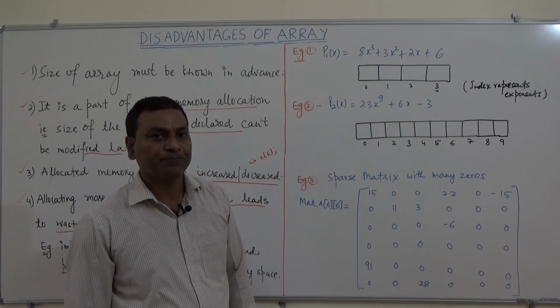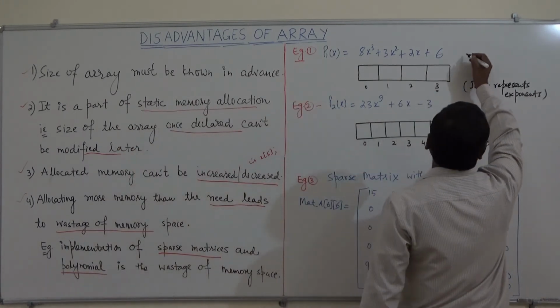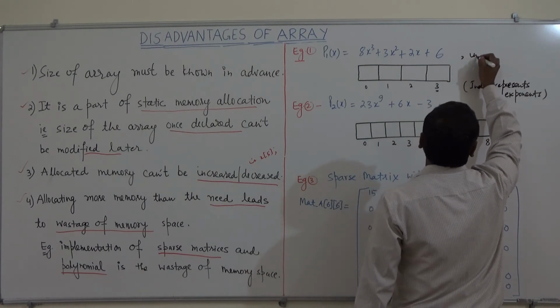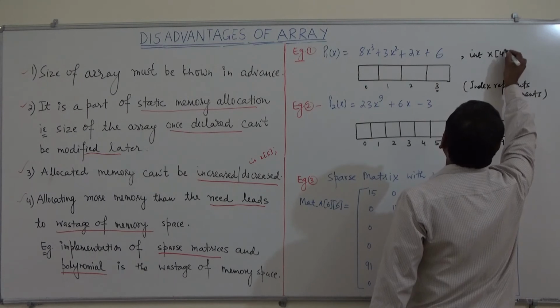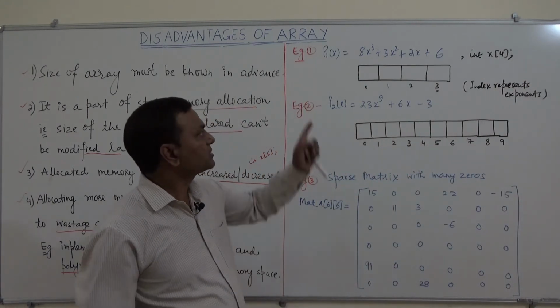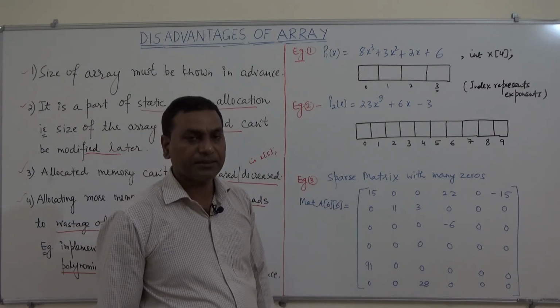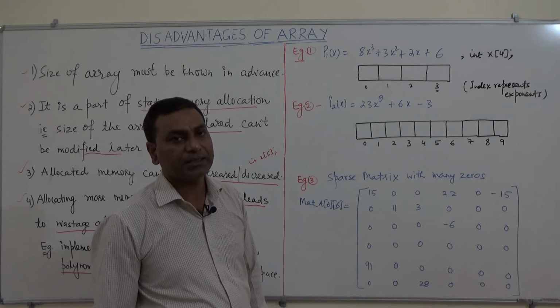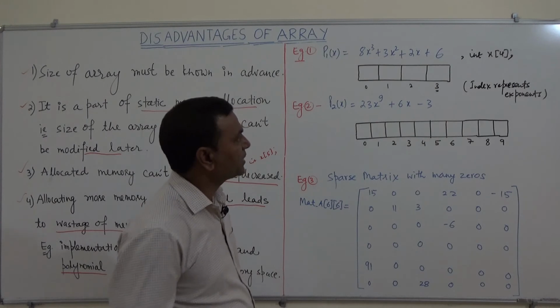It means we will declare an array of 4 elements. If we want to implement this polynomial, then we will take a 1D array of 4 elements.